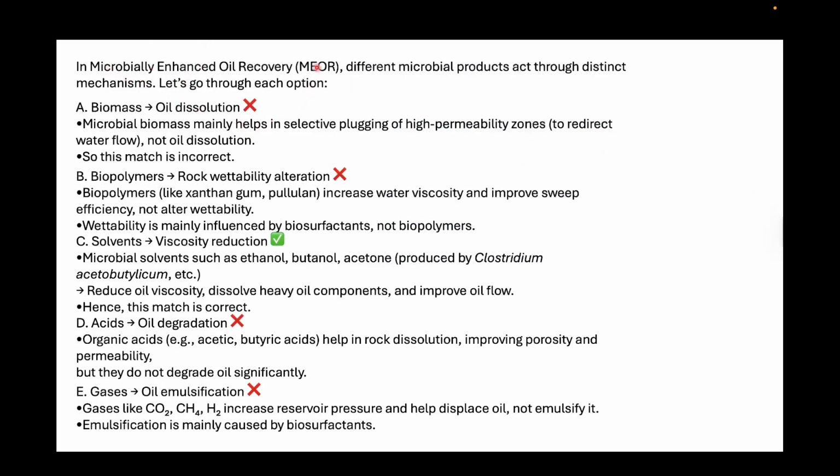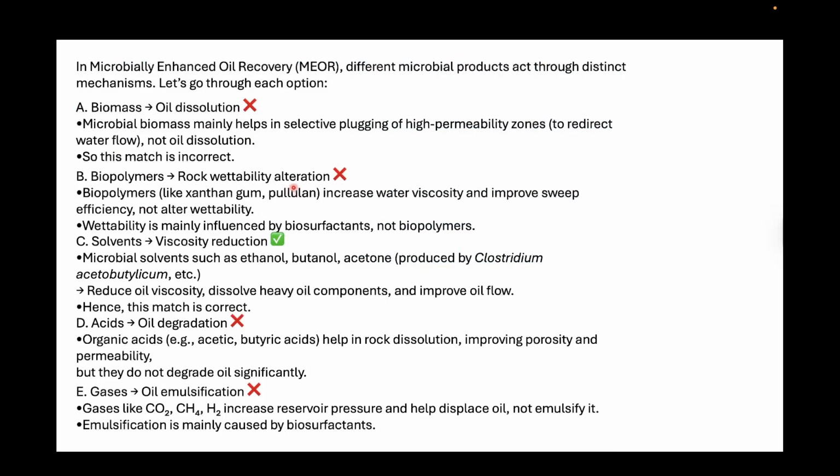Now in microbially enhanced oil recovery, or MEOR, different microbial products act through distinct mechanisms. So biomass, oil dissolution, is not correct because microbial biomass mainly helps in selective plugging of high permeability zones to redirect water flow, and not oil dissolution. So more of the biomass will plug so that water flow can be unidirectional towards the collection area or the production well.